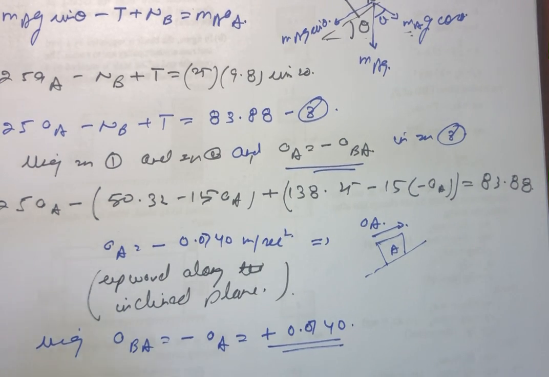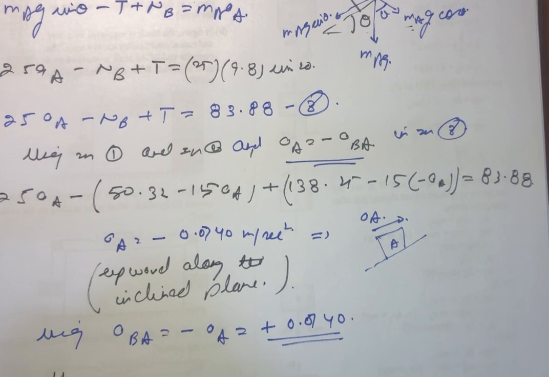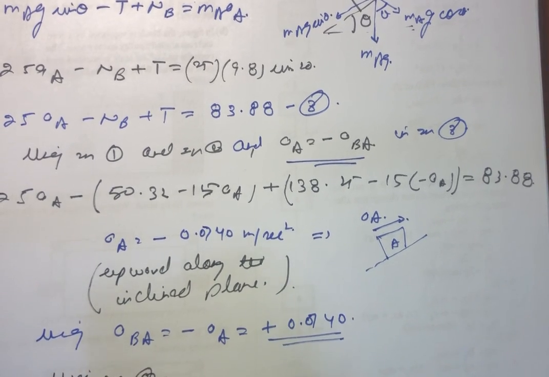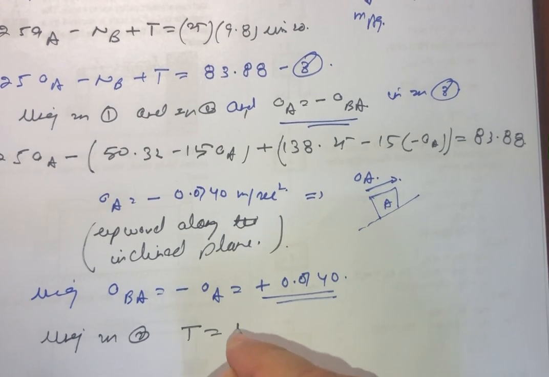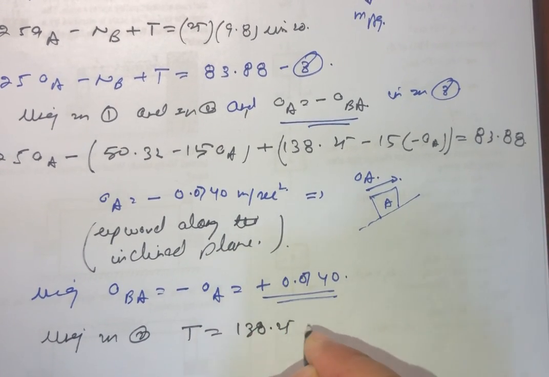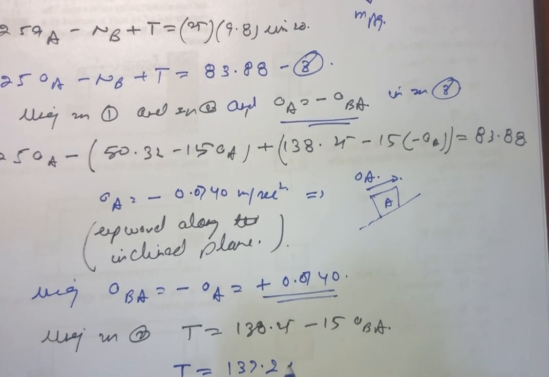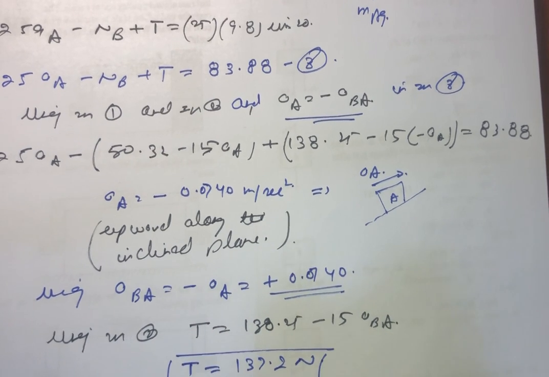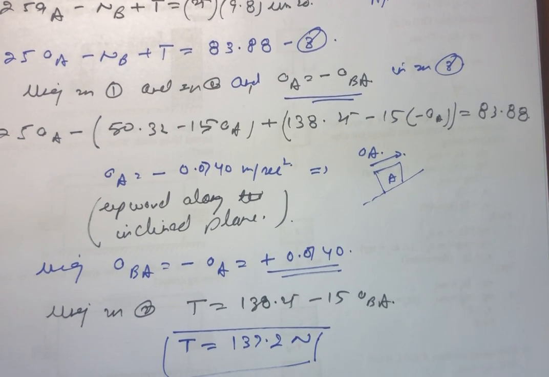And finally we are going to find the tension T, so we can use equation number 2. Using equation 2, T is equal to 138.25 minus 15 times aBA, and our tension T comes as 137.2 newtons. So this concludes the question. Thank you.